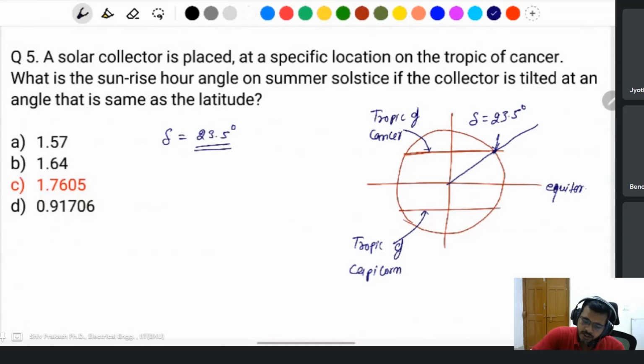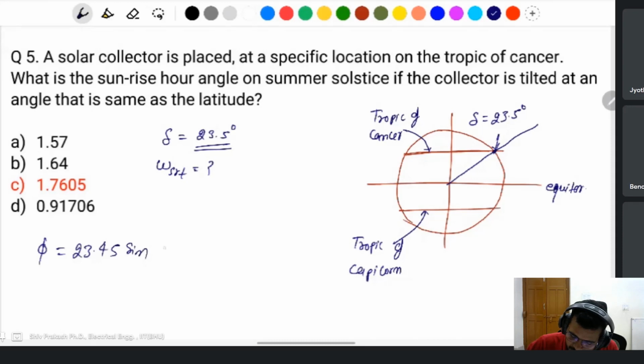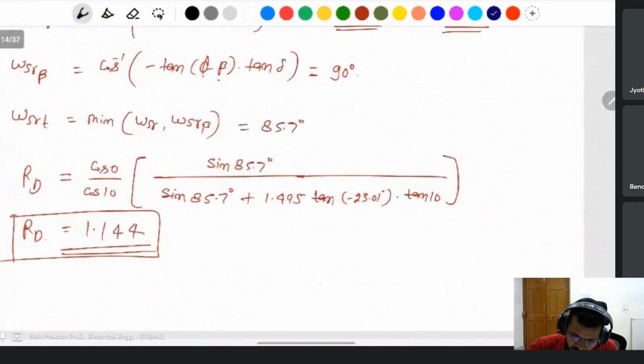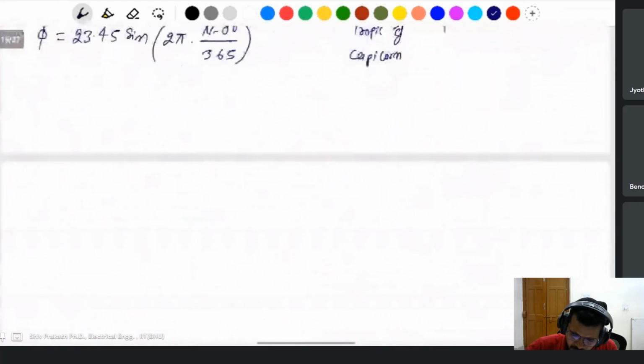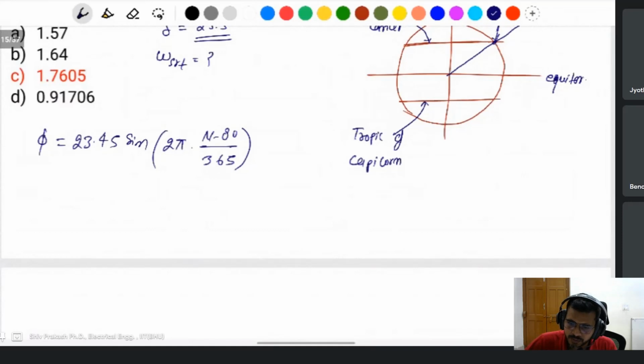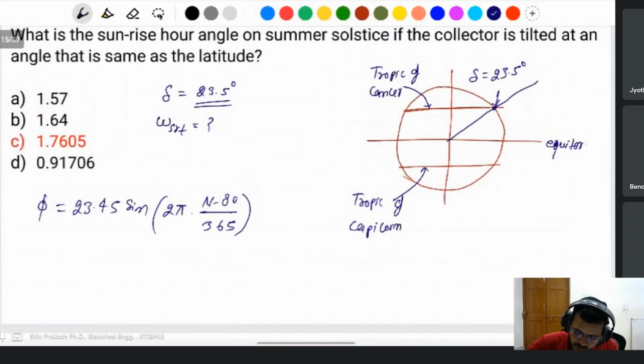Next it asks about the sunrise hour angle, omega SRT, on a surface tilted at an angle the same as the latitude angle.